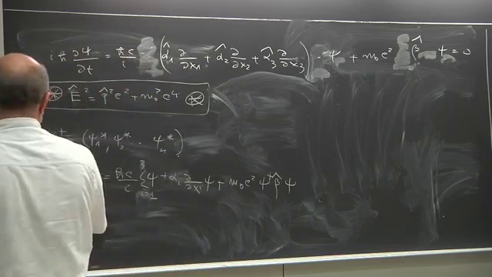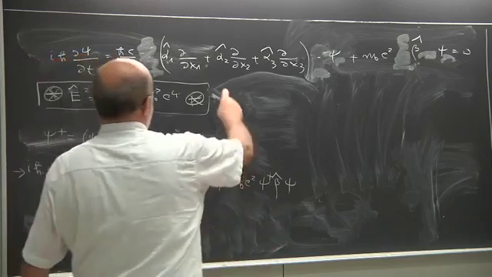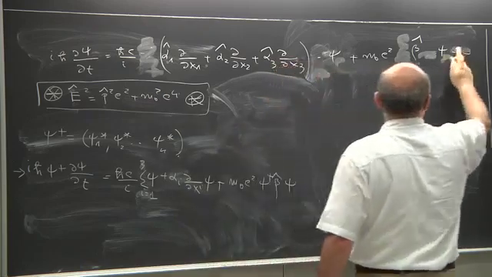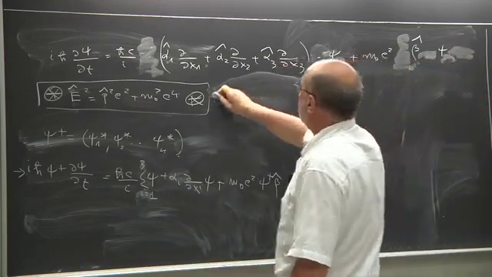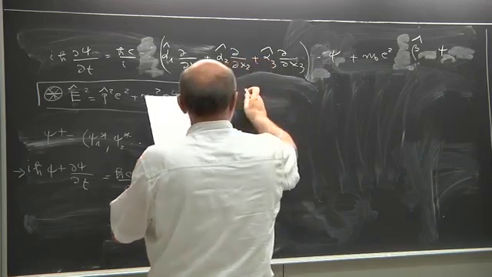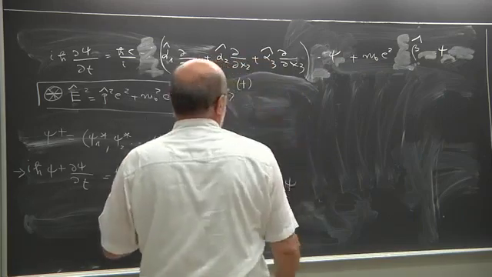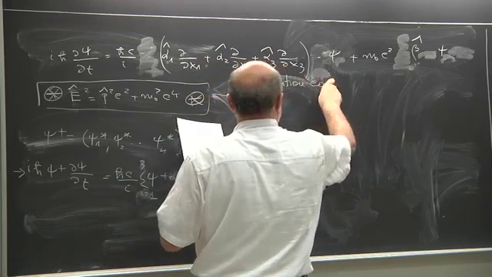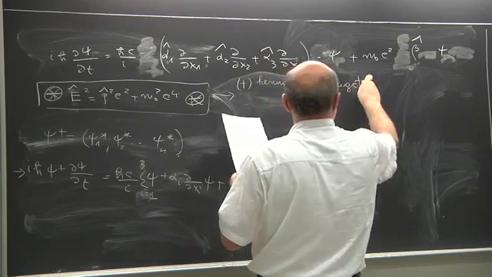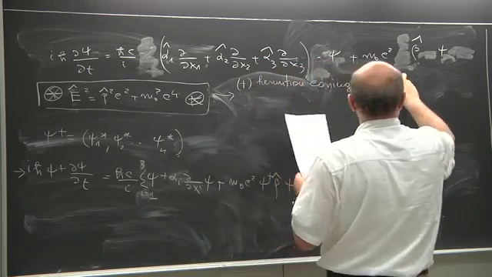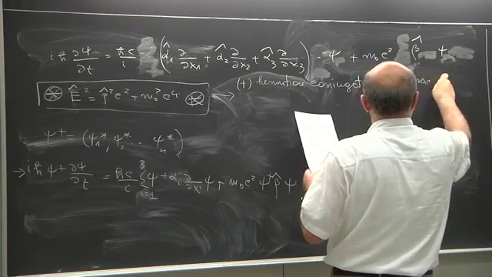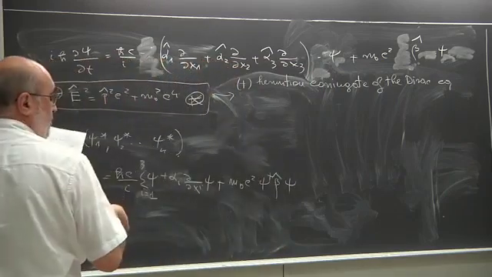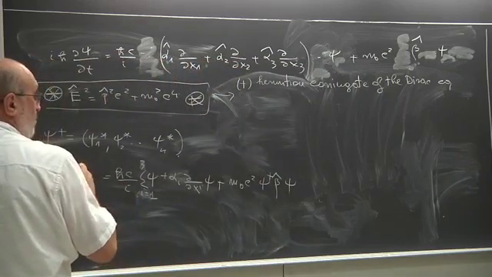Second, let's do the Hermitian conjugate of this Dirac equation. This is the equation, so let's do the Hermitian conjugate of it. Hermitian conjugate means you have to transpose and do the complex conjugate.